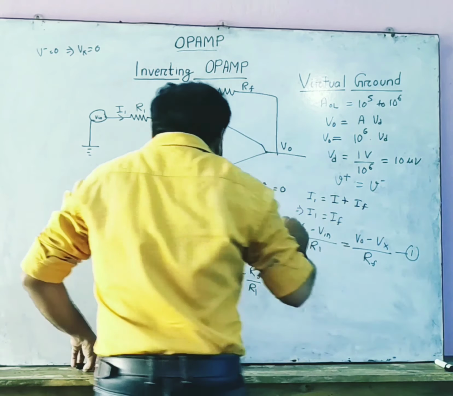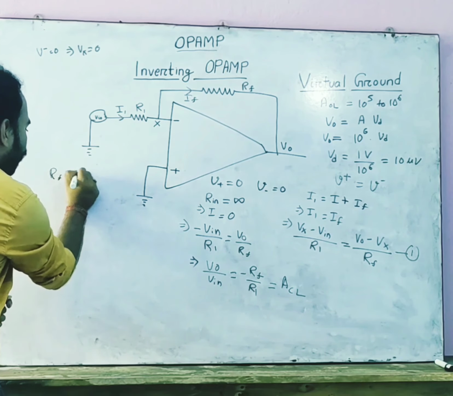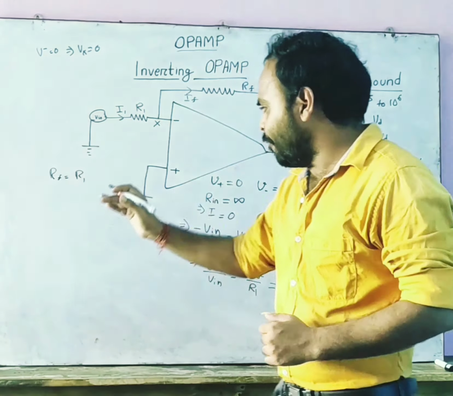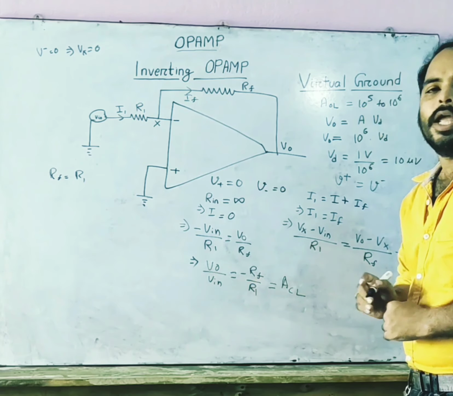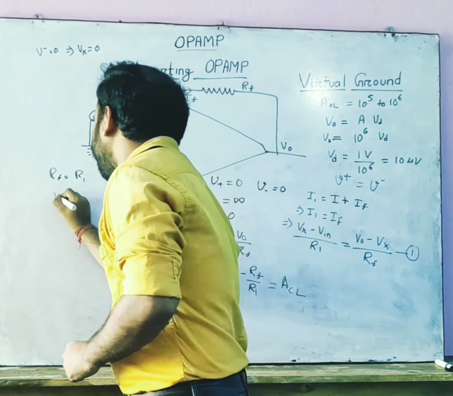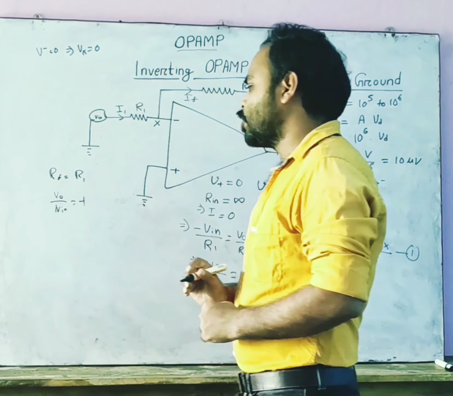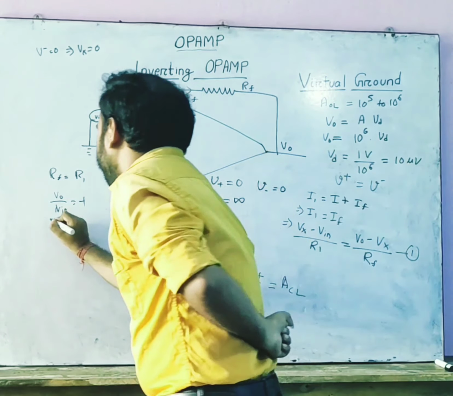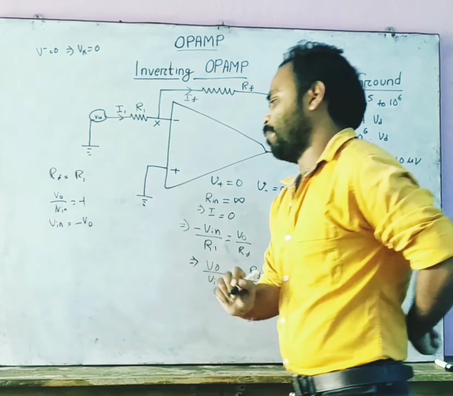Now, for a special case, if RF is equal to R1, we get V0 by V input equals minus 1. Let us write that V0 by V input equals minus 1, or we can get V input equal to minus V0.